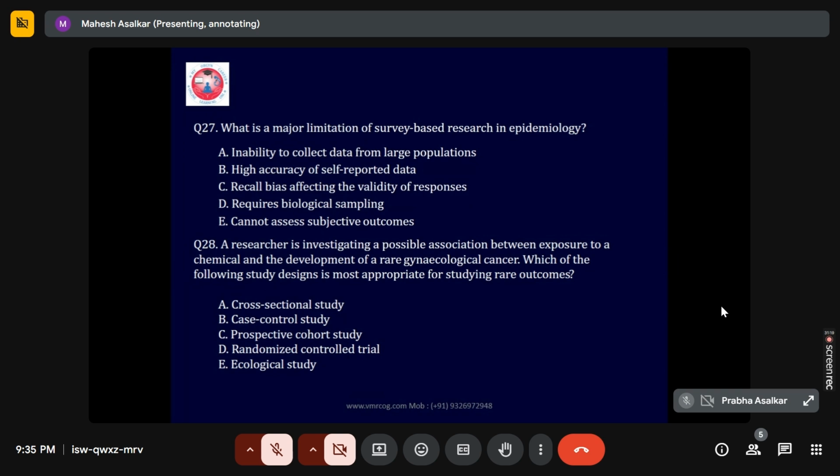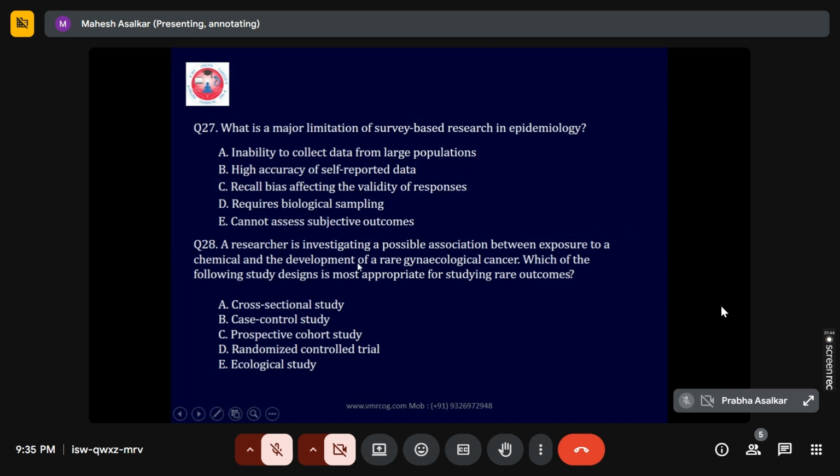Then B, which is a major limitation for survey-based? It is C, recall bias affecting the validity of the response. So whether the response is valid, the recall bias can affect.